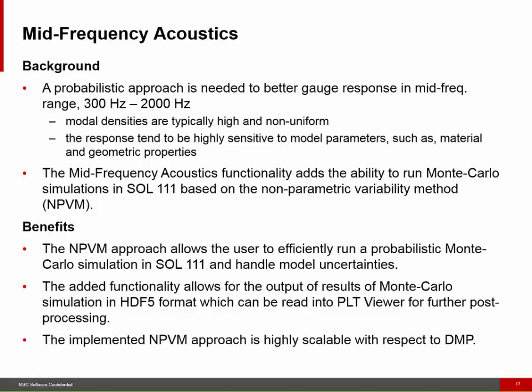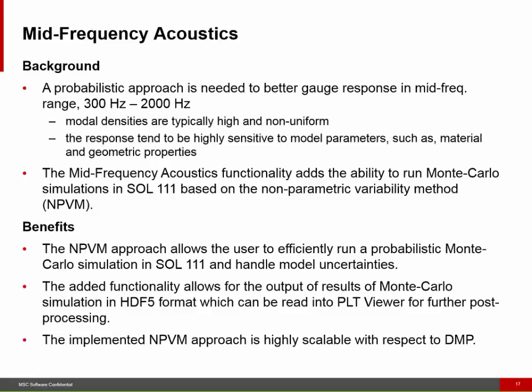Now, the mid-frequency capability allows the user to efficiently run a probabilistic Monte Carlo simulation in solution 111. During that you handle your model uncertainties using the non-parametric variability method.